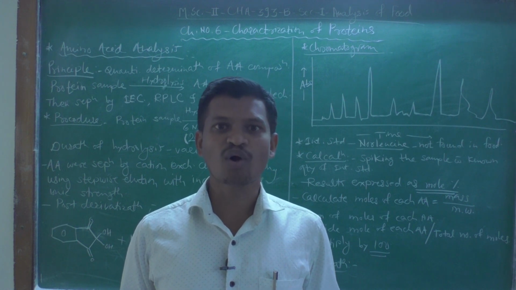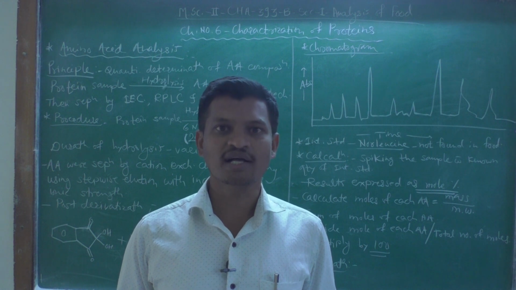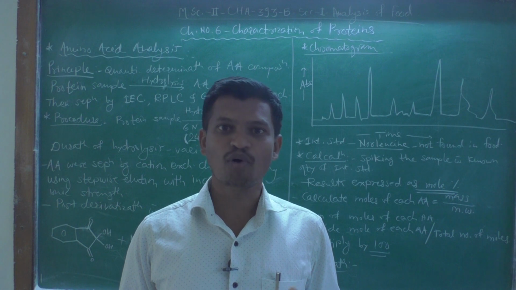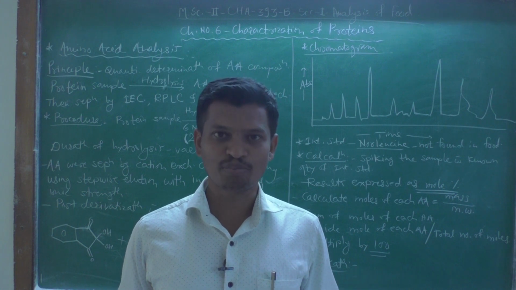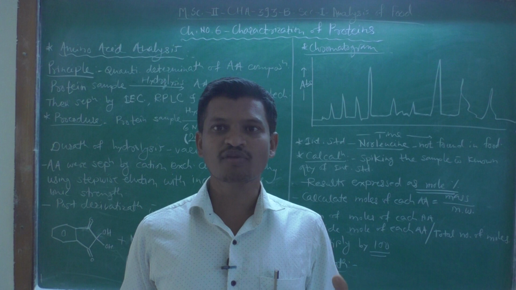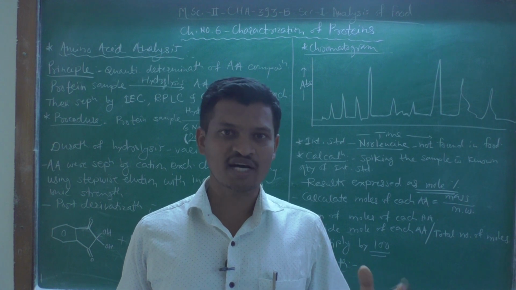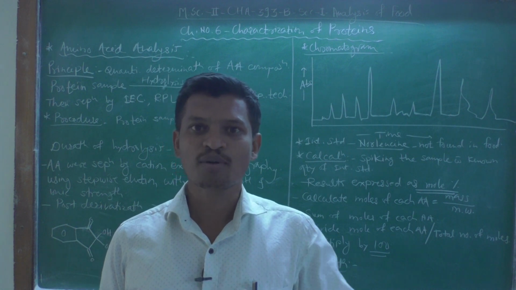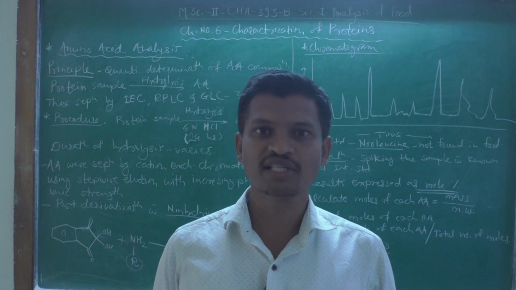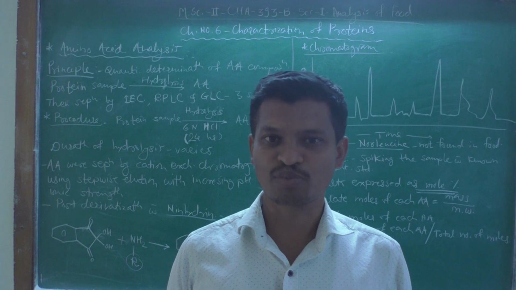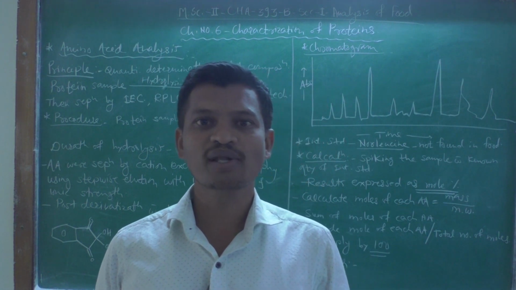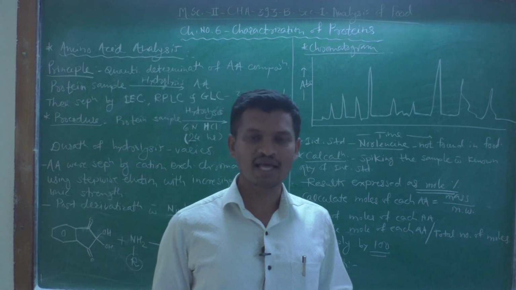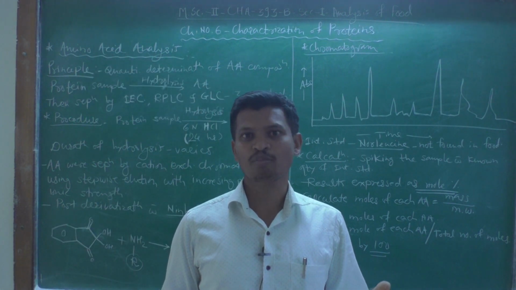Hence proteins are also known as polypeptides, because a number of different alpha amino acids are joined together by peptide bonds, and they are also called polymers of amino acids.